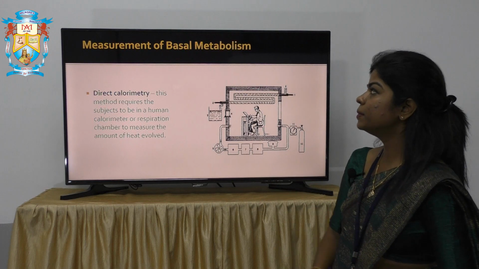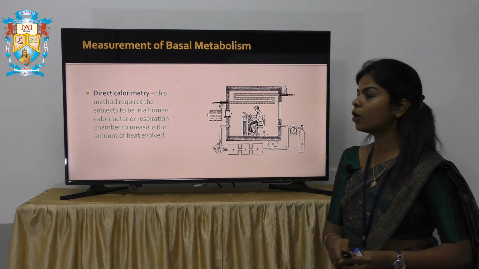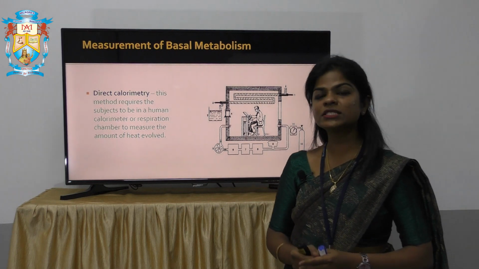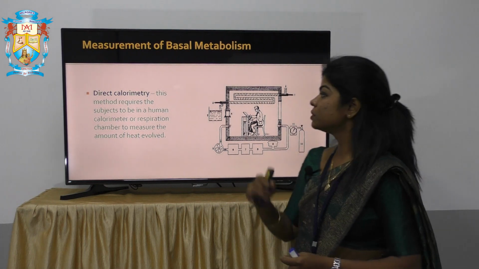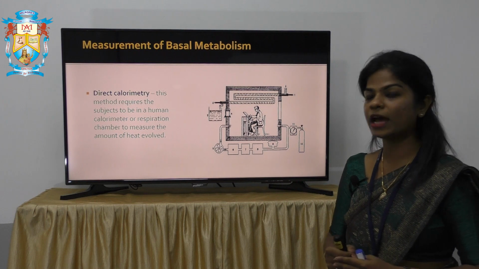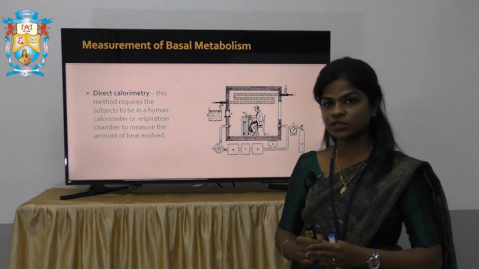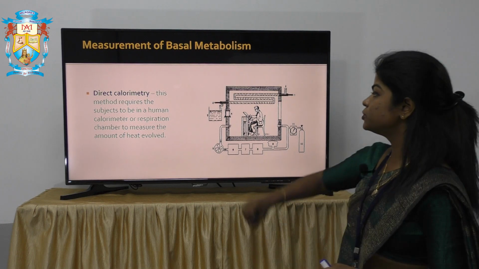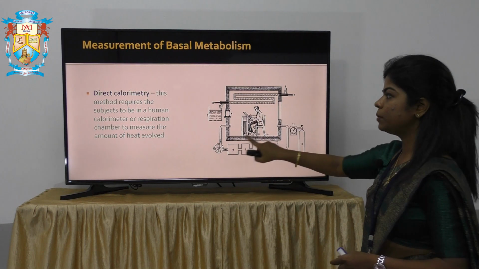Next we'll see the measurement of basal metabolism. This method requires the subjects to be in a human calorimeter or respiration chamber to measure the amount of heat evolved. Here, the subject is placed in a calorimeter.